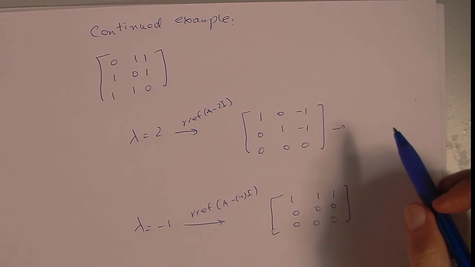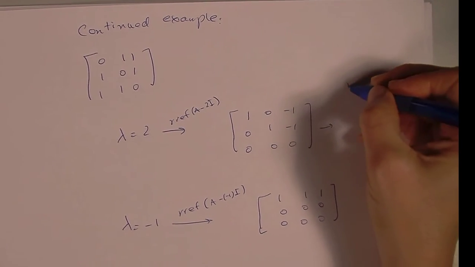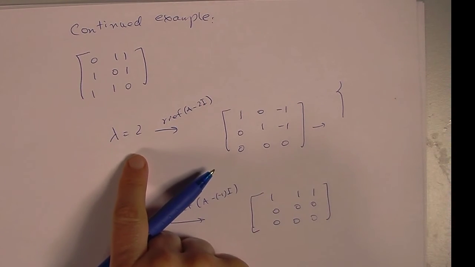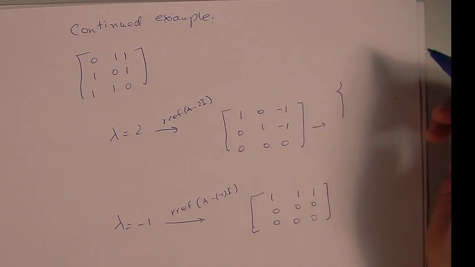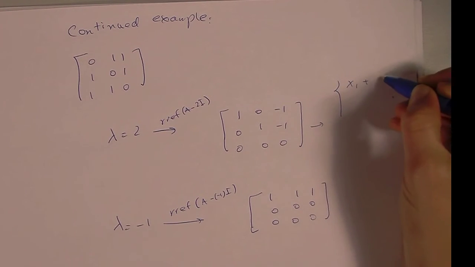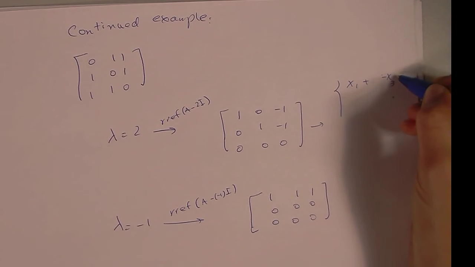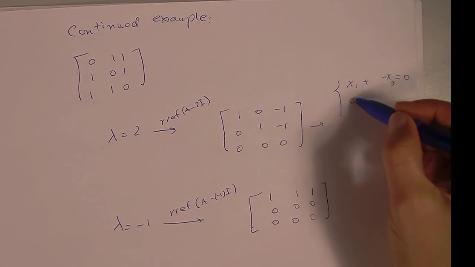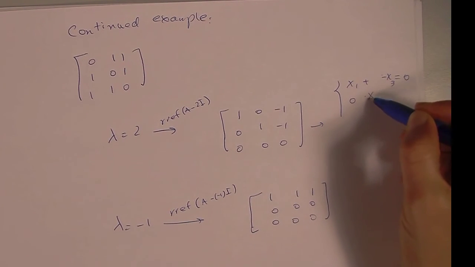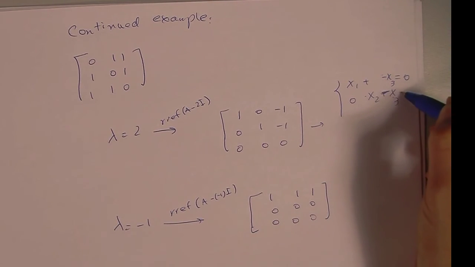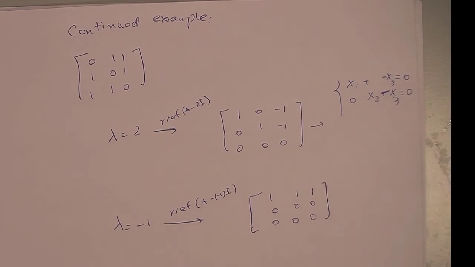From here, to find the eigenvectors associated with 2, I have to rewrite the system: x1 plus negative x3 equals 0, and then x2 minus x3 equals 0.